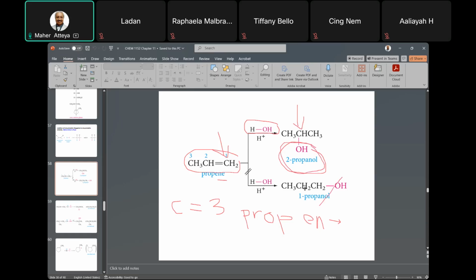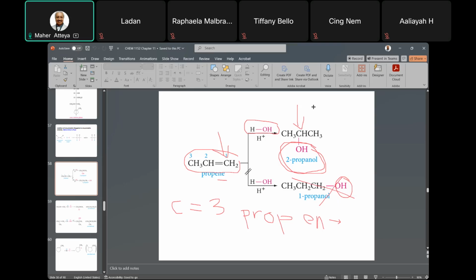So this part here will not be. This will not make a primary alcohol. Primary alcohol means the hydroxy group is connected to the first carbon, and that's not really true. That would be the primary carbocation mechanism, and that's not stable.